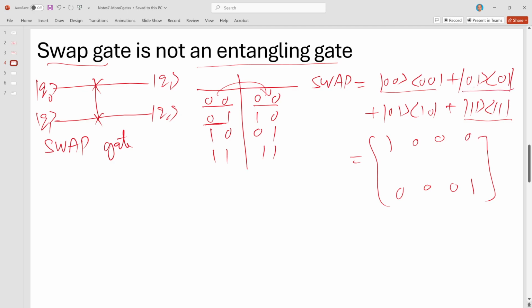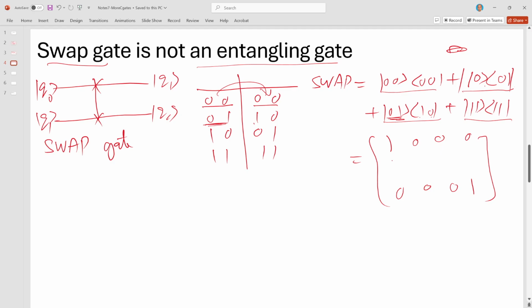Now this is the 0 1, 1 0, and sorry, I made a mistake, so this should have been 1 0. So this left one indicates the row, so this is the second row.